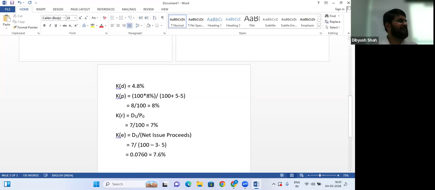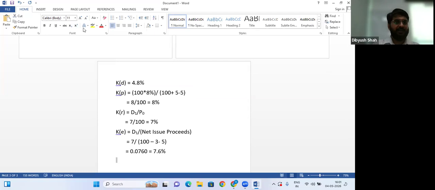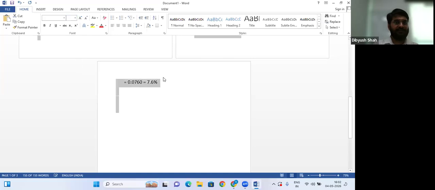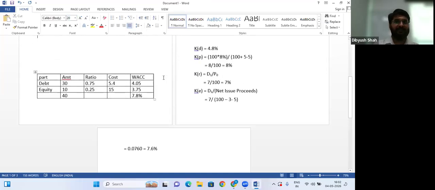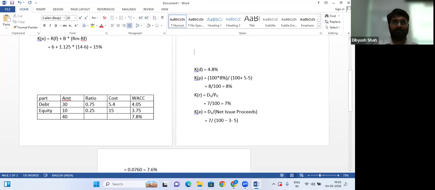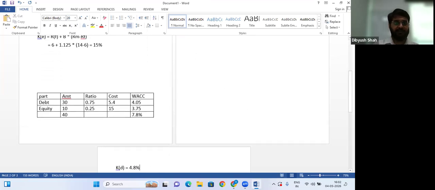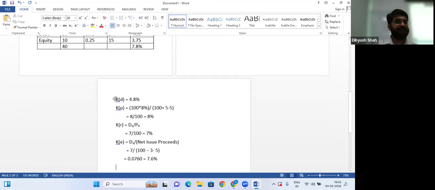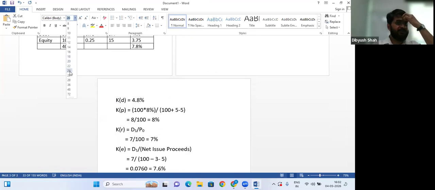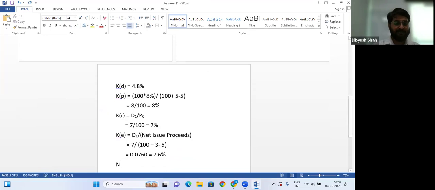Cost of equity will always be higher than cost of retained earnings. You should make a note here. And remember this, I discussed it in the last class also, that whenever there is flotation cost, cost of equity and cost of retained earnings will be different. The moment there is flotation cost, cost of retained earnings and cost of equity will be different. For retained earnings, the cost will be lower because for equity you are paying the same dividend but receiving less. So remember this.